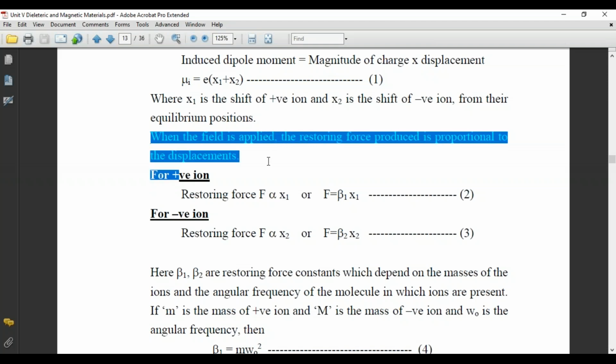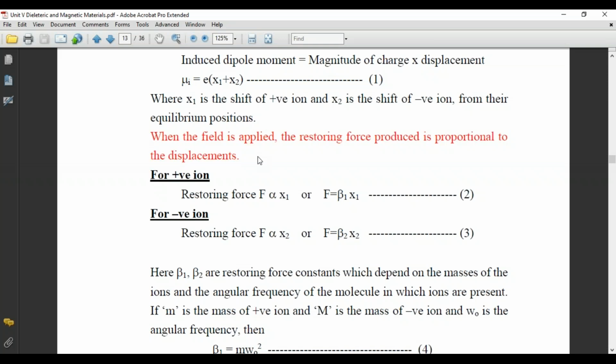When the field is applied, there is always a restoring force in the case of ionic polarization, because the mass is more as compared to the electron. That's why we never spoke about the restoring force in electronic polarization. The restoring force comes into the picture when the mass of the particle is larger. For the positive ion, the restoring force F equals beta 1 x1.